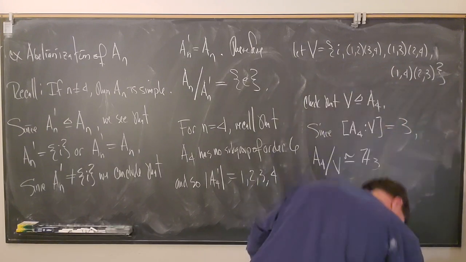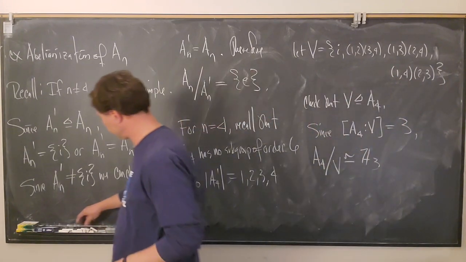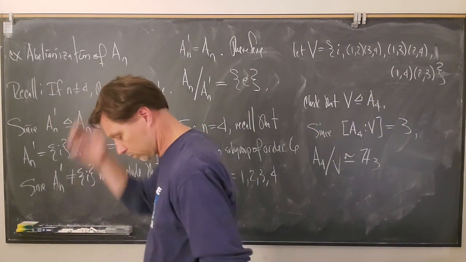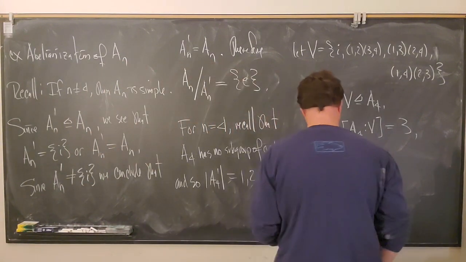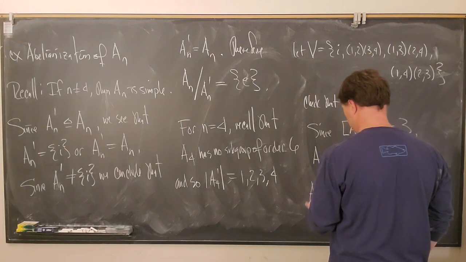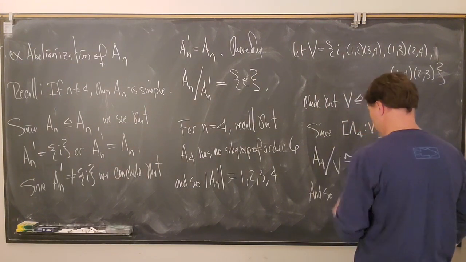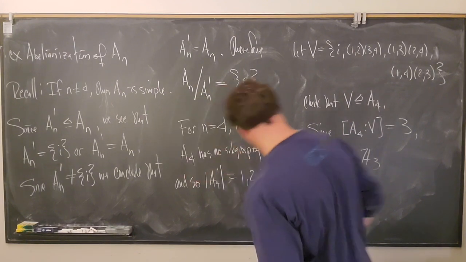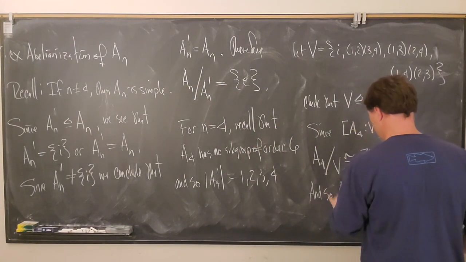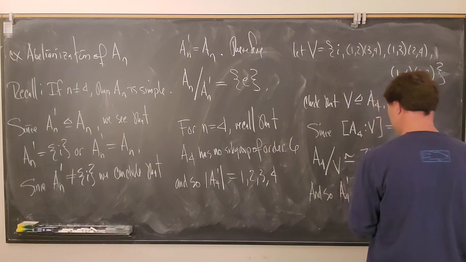There's only one group of order 3. And so A4 prime has to be contained in V.